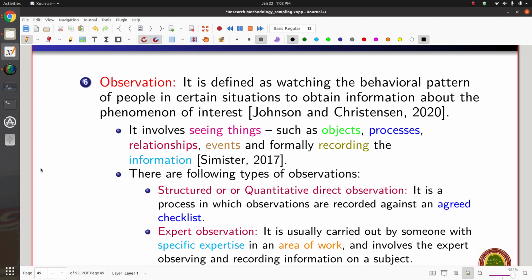But then LaPiere did something: he traveled almost 16,000 kilometers, about 10,000 miles, in the United States over a period of 2 years with a Chinese couple.